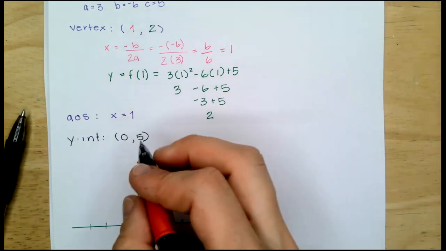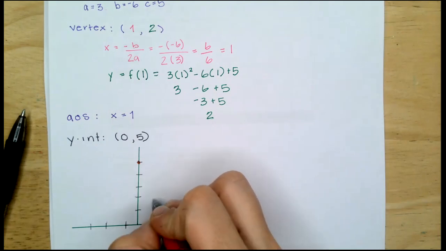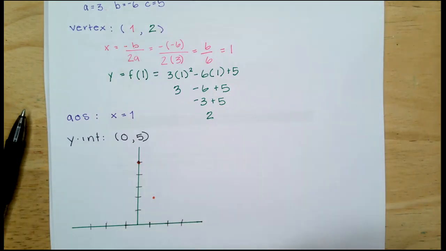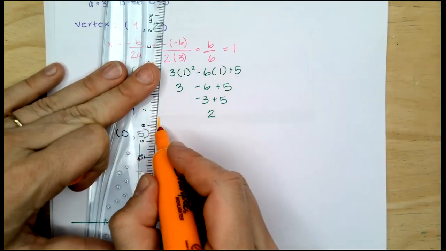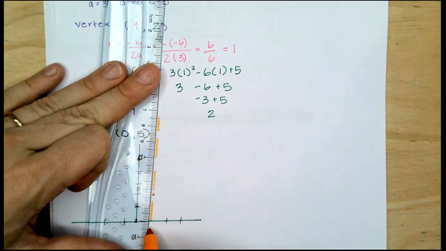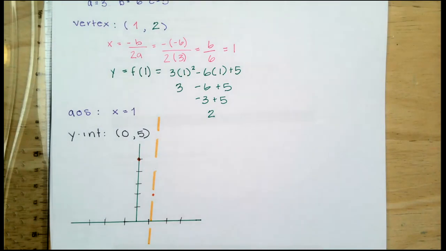The vertex is 1, 2. Over 1, up 2. And that's going to be my lowest point. Okay? My axis of symmetry is also x equals 1. It's just something to know, but it's not actually a part of the parabola. And I made mine angled, so that's lame.